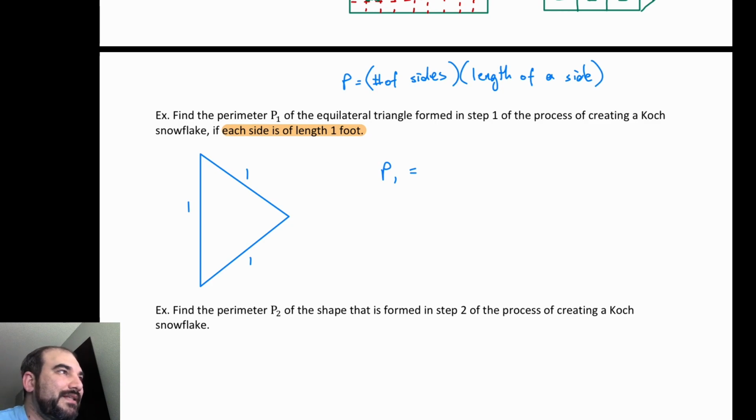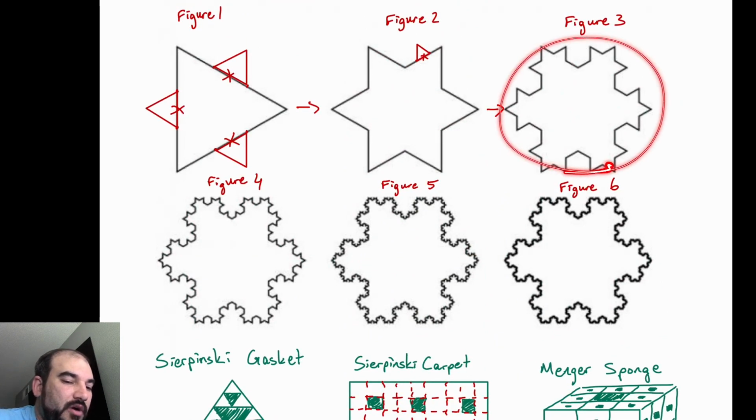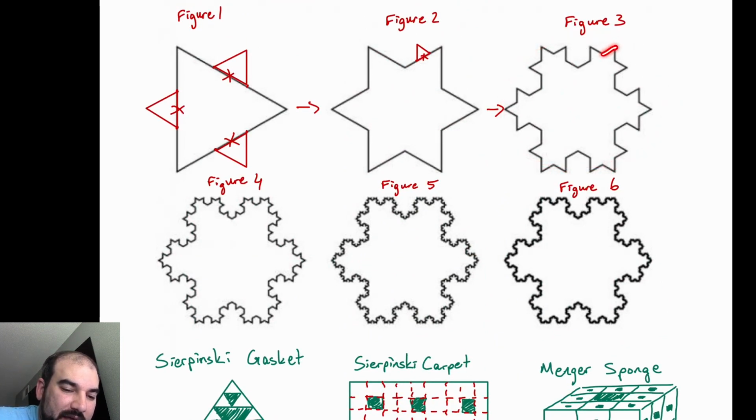I know this one is easy enough to just say 1 plus 1 plus 1 is 3, but when it comes to this third picture, you really don't want to say this plus this plus this plus this plus this plus this. You don't want to add all of those sides together, right?